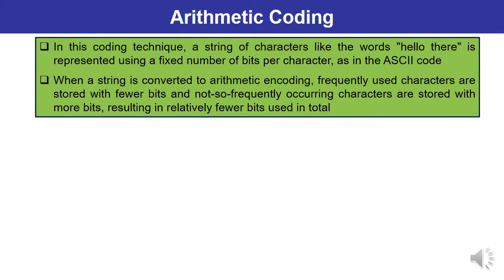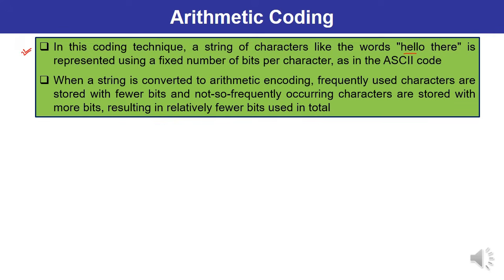In arithmetic coding technique, a string of characters like the word hello there is represented using a fixed number of bits per character, same as the case of the ASCII code. So when a string is converted to arithmetic encoding, frequently occurring characters are stored with less number of bits, and those characters which are not occurring so frequently are stored with more bits.